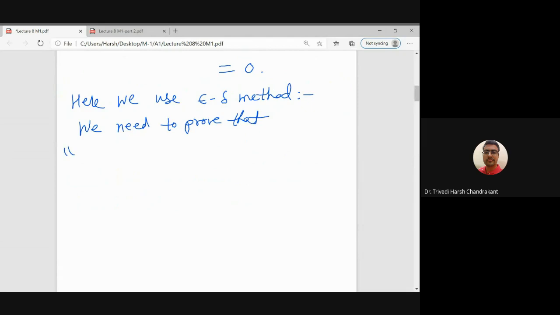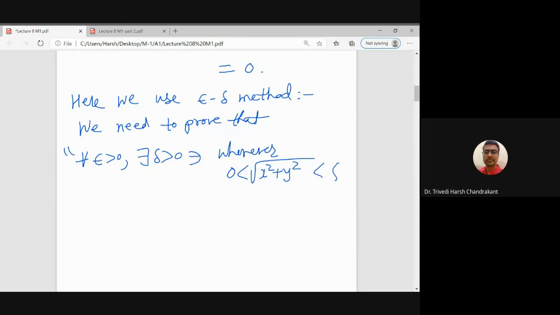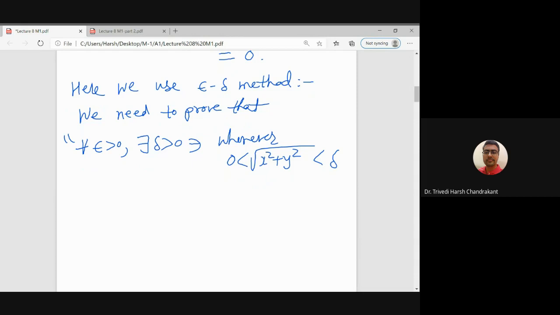So let us recall the epsilon delta definition for a two variable function. That is, for every epsilon greater than 0 there exists a positive number delta greater than 0, such that whenever 0 is less than the square root of (x minus a) square plus (y minus b) square, which is less than delta, where (a, b) is (0, 0) here, this implies |f(x, y) minus L| is less than epsilon.